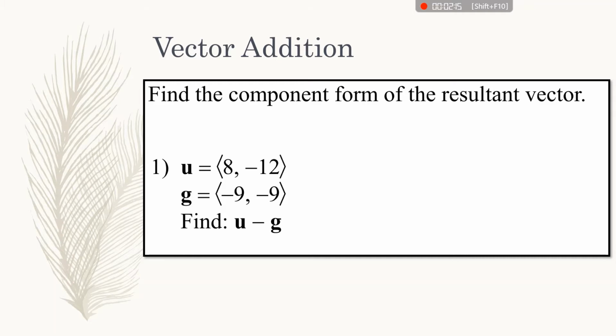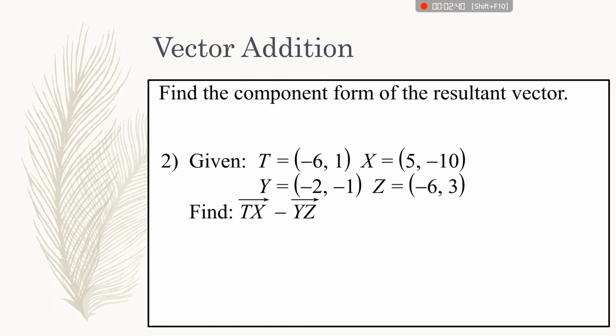Okay, I think we lost everyone. So I've got two vectors here and I want to subtract them. So I'm going to do my x components first. This is 8 minus negative 9 is 17. 12 minus negative 9 is negative 3.